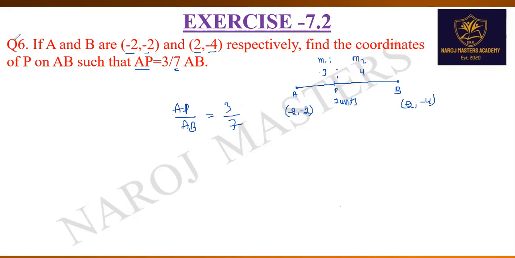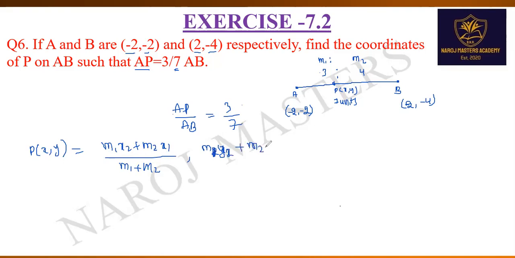What did he ask in the question? Find the coordinates of P. So what are the coordinates here? (x, y). So we know the formula: P(x, y) is equal to ((m1 x2 + m2 x1)/(m1 + m2), (m1 y2 + m2 y1)/(m1 + m2)).